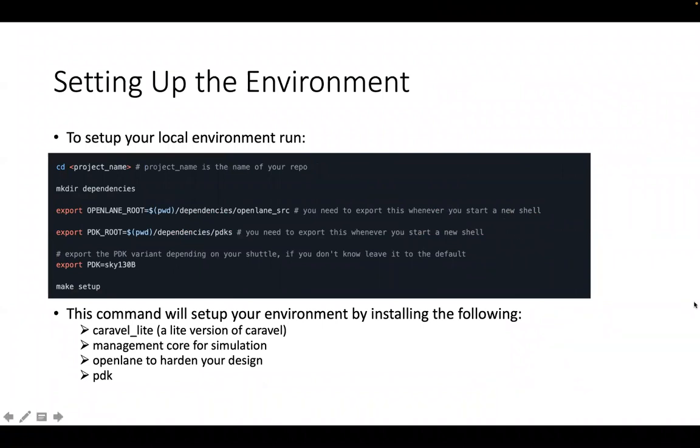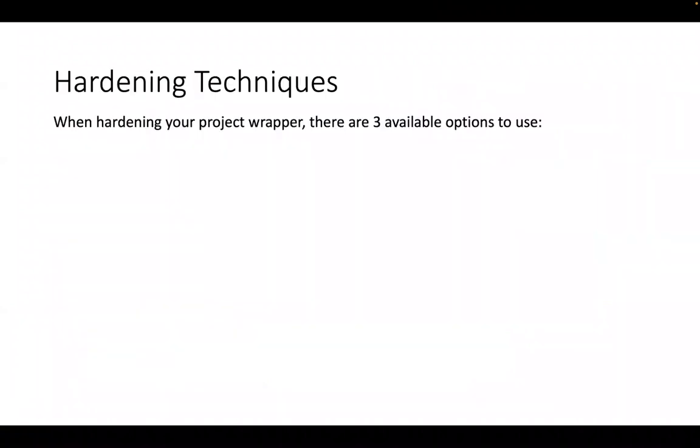Before we start talking about the steps of hardening the wrapper, let's talk about the hardening techniques. Now we are not hardening a single macro as we did in the first part of the session. We are hardening a project wrapper. While hardening this project wrapper, there are three available options.